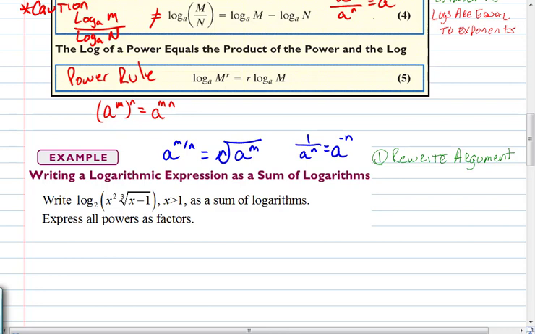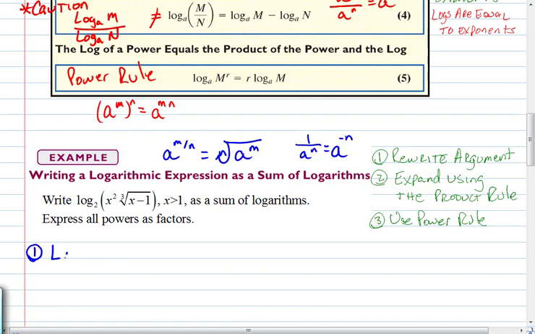Your next step then will be to expand using the product rule. So we rewrite the argument with addition between all of the logs. And then finally we're going to use the power rule to bring all the exponents down. So going through this process one step at a time, our first step is to rewrite this as log base 2 of x squared times x minus 1 raised to the 1/3 power.